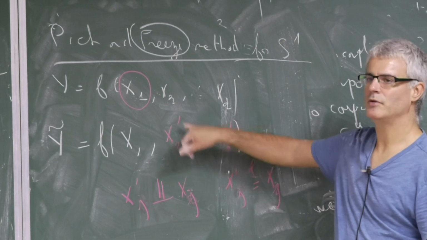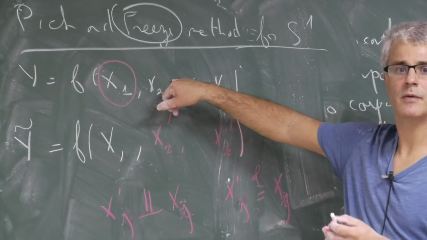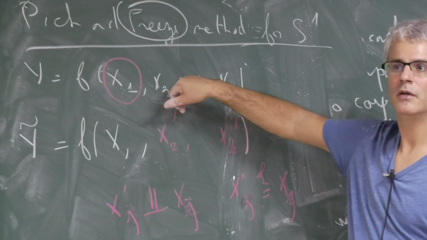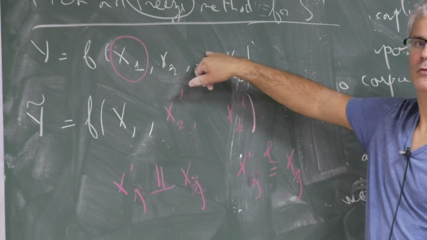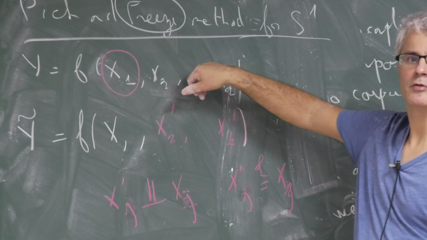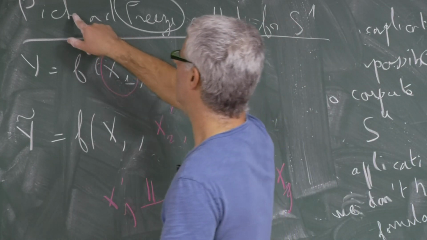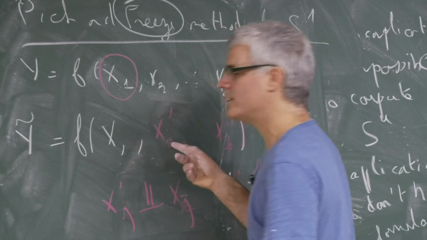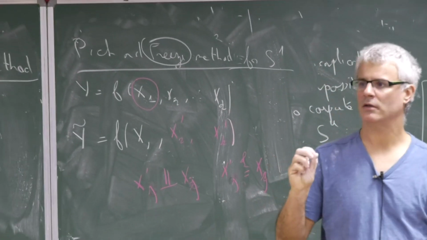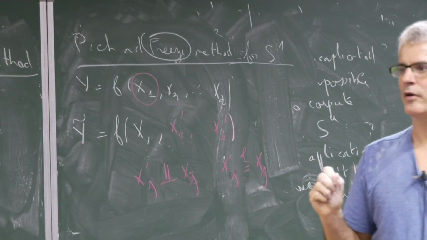So x2 prime is a copy of x2. That means that it has the same distribution but is independent. That is the term pick. So you resimulate the other variables and you keep the same one for x1, okay?